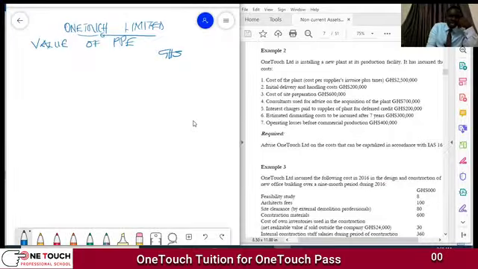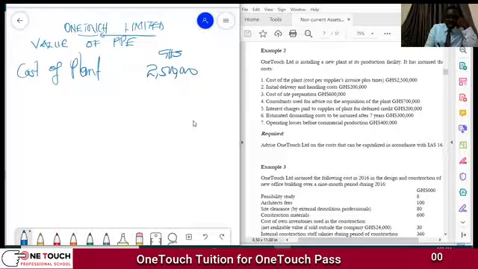So that is included. So cost of plant of 2.5 million needs to be captured. We have cost of site preparation, which is 200,000, should be included.